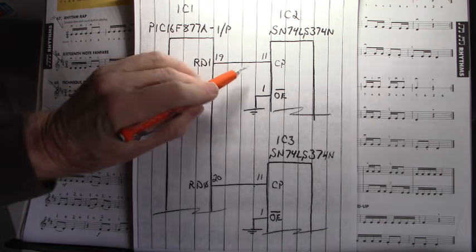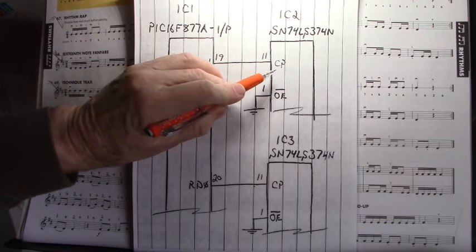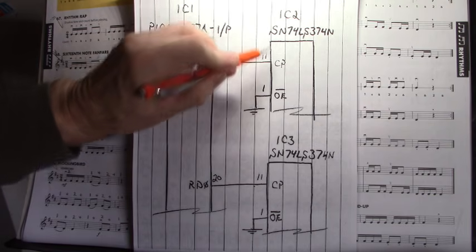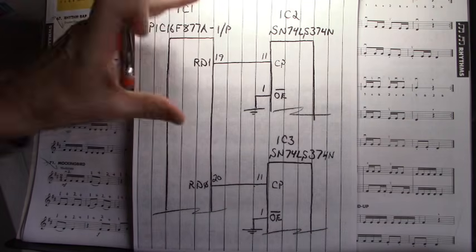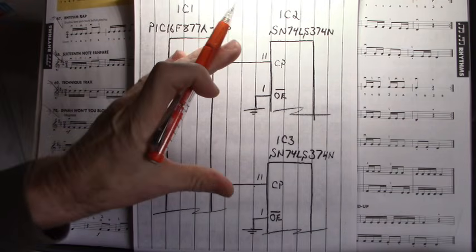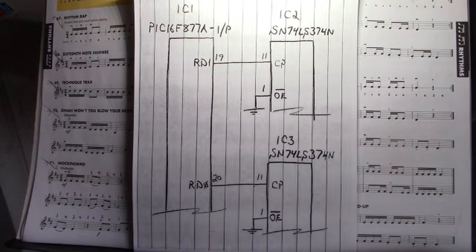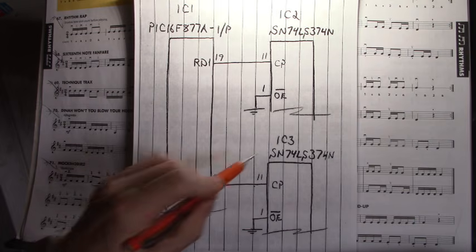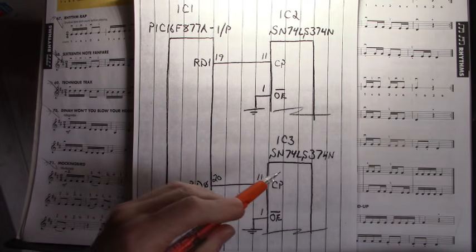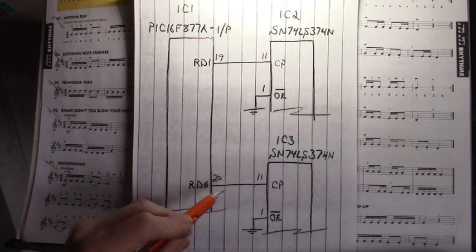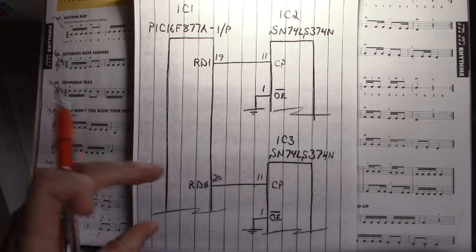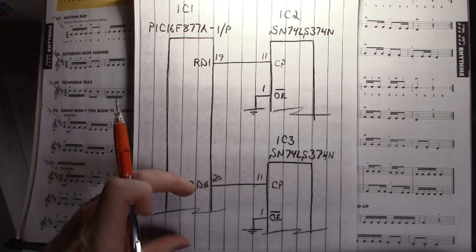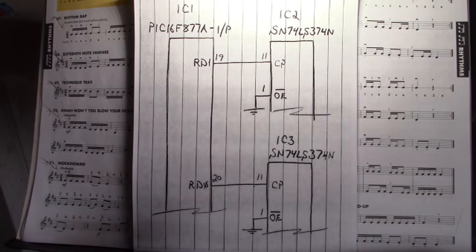When we apply a clock pulse on pin 11, a low to high to low, the data on the input of this IC is latched into the output. It's an octal D flip-flop. And same down here on IC3, the incremental encoder output. When we go from low to high to low, that incremental encoder pattern is latched to the output.